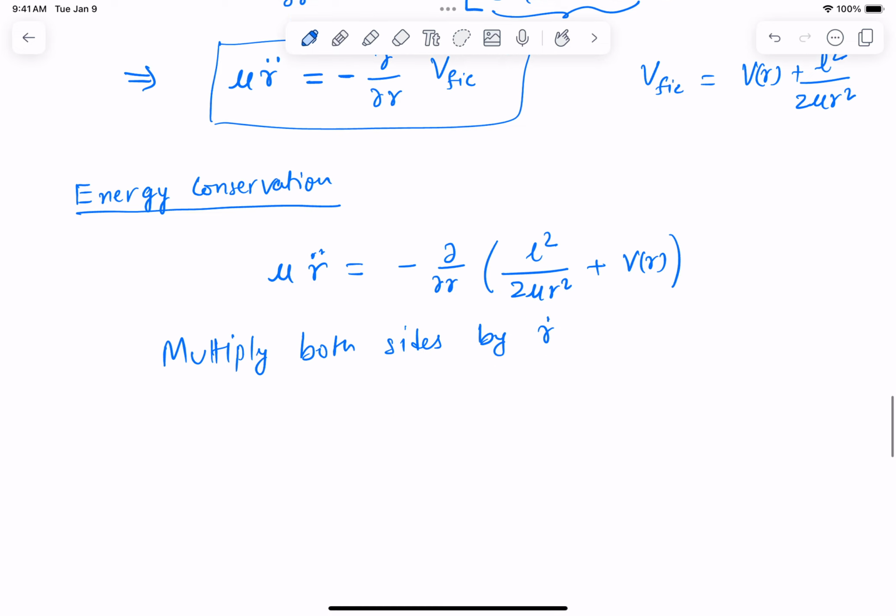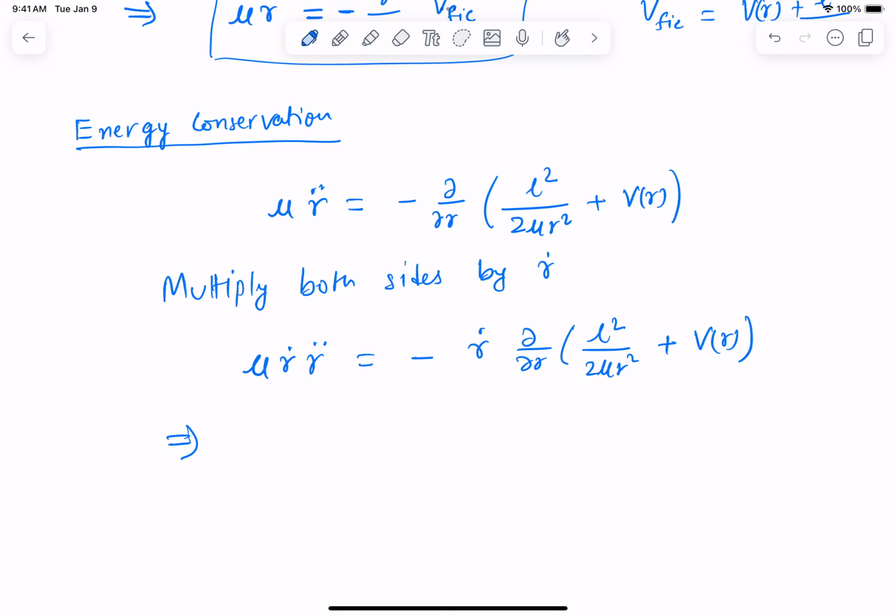If you multiply both sides by r dot, you will get mu r dot r double dot equals minus r dot times del by del r of L square by 2 mu r square plus V of r.